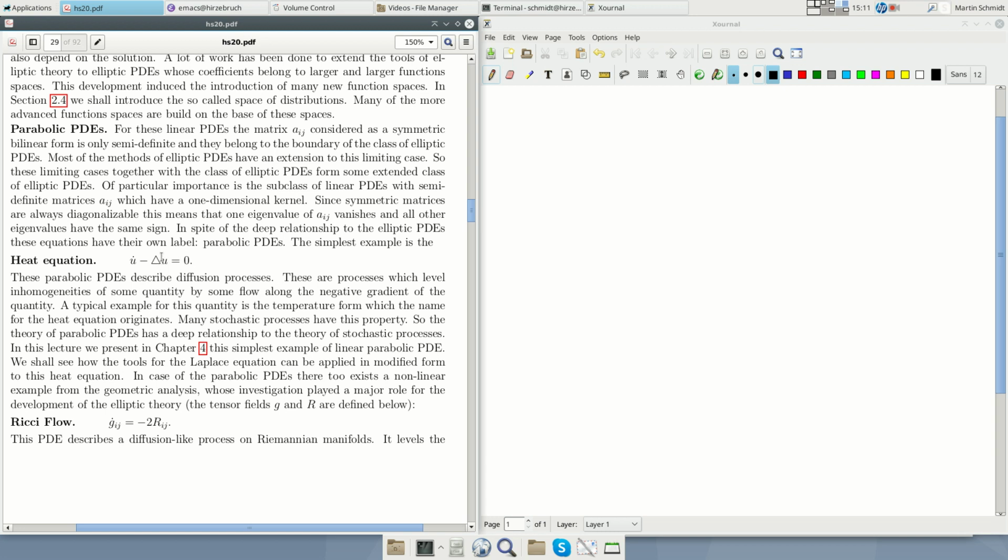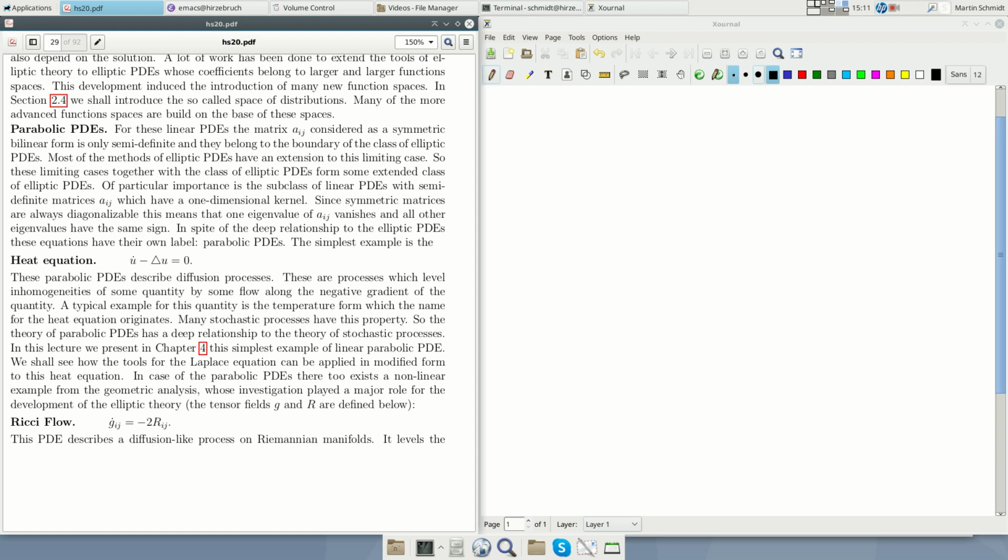The function u describes the temperature, and it describes a flow in the direction of the gradient of the temperature, the direction of the steepest change. Such diffusion processes describe a leveling of inhomogeneities. This is a general feature of diffusion processes.